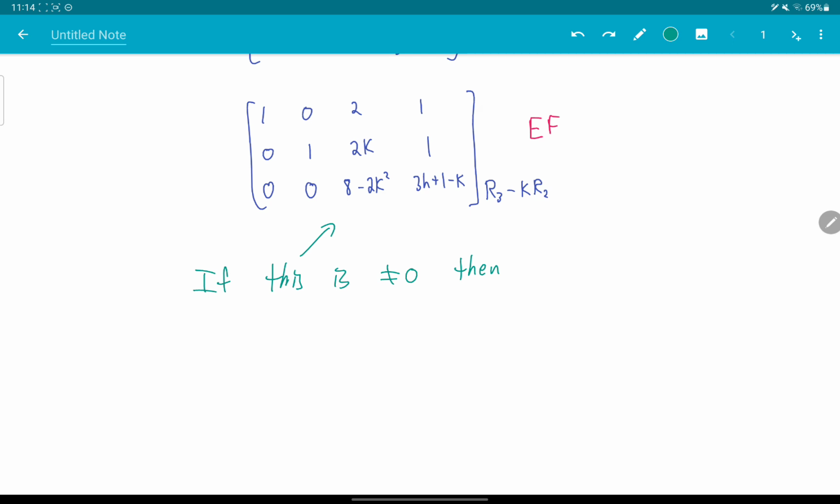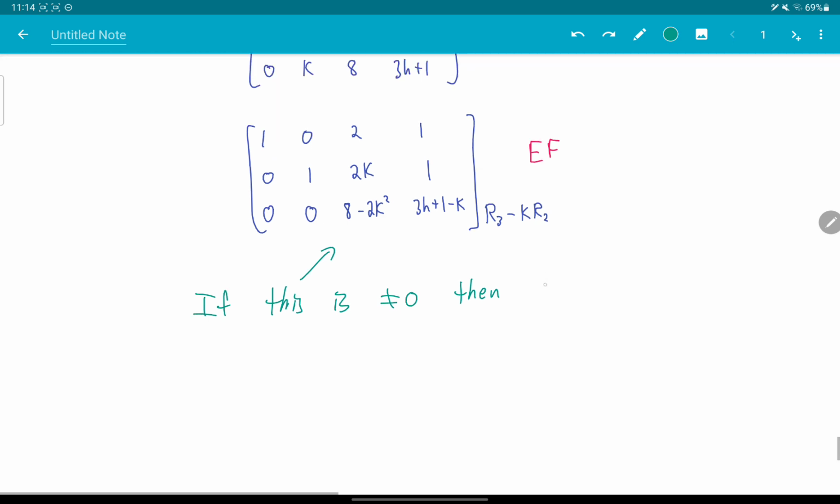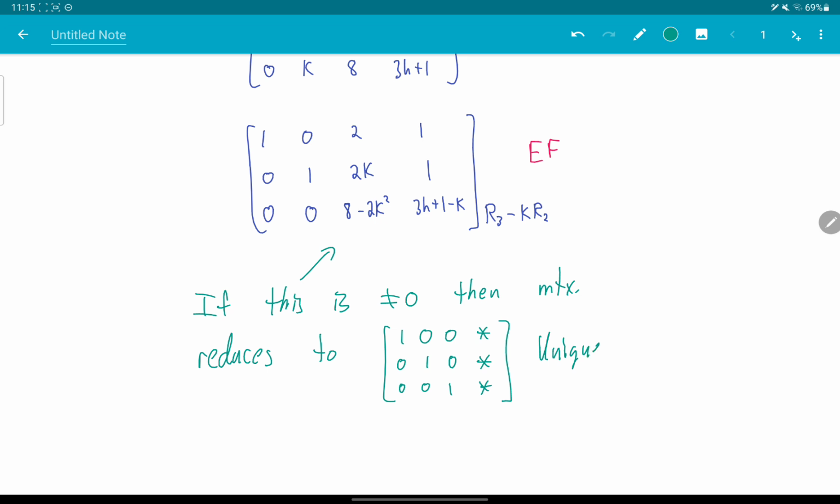So let's say that if this is non-zero, then the matrix reduces to our perhaps favorite situation, unique solution.